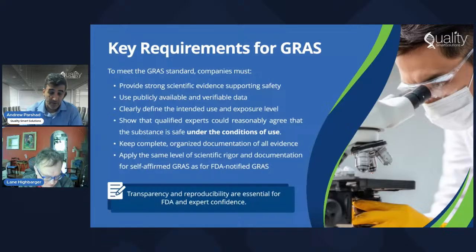And if you prepare your infant formula submission, that's part of the questions they're going to ask. If you don't have that answered, here's the ingredient, here's the GRN number that you're using, your application doesn't go any further. It's dead in the water. So that's really important. Yep. No self-affirmation allowed for infant formula ingredients.